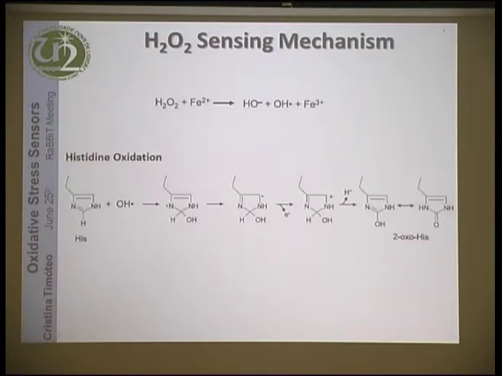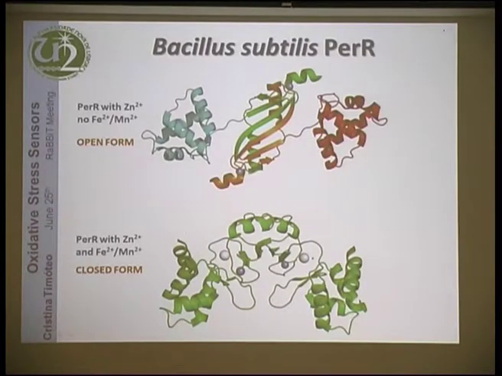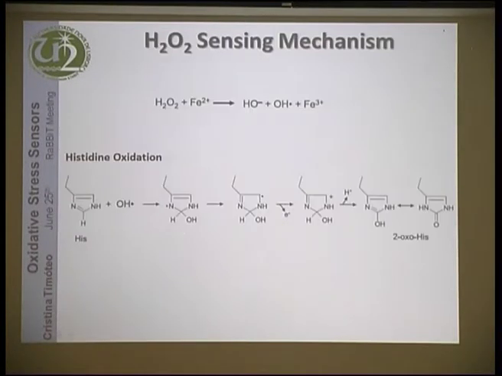In this mechanism, the only role of iron would be that of producing hydroxyl radical, and this hydroxyl radical would in turn oxidize one histidine, the histidine 37, and with that histidine oxidized, iron comes out of the protein, and we have again this open form, but now with one histidine oxidized, which does not allow for iron to enter again, and the protein would be marked for degradation.